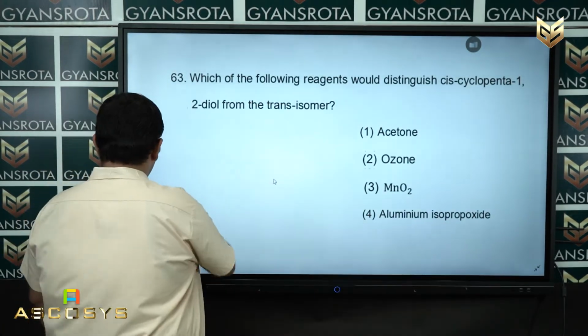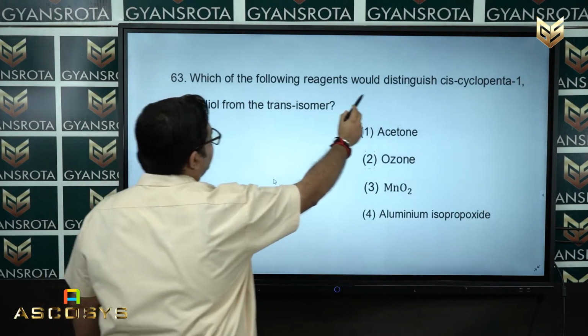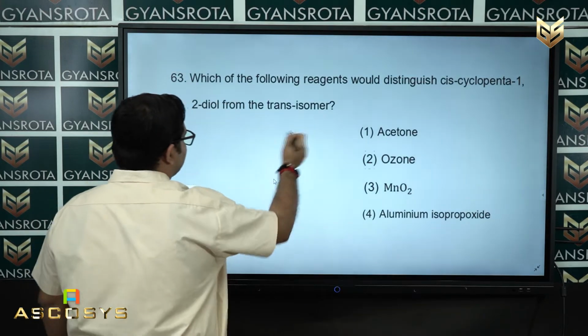Now, if you see here, which of the following reagents would distinguish cis cyclopentane 1,2-diol from the trans isomer?